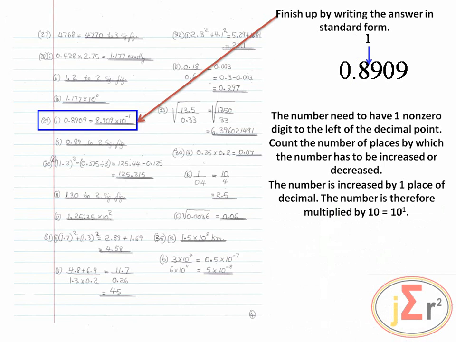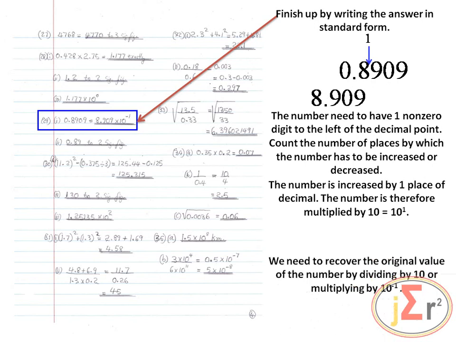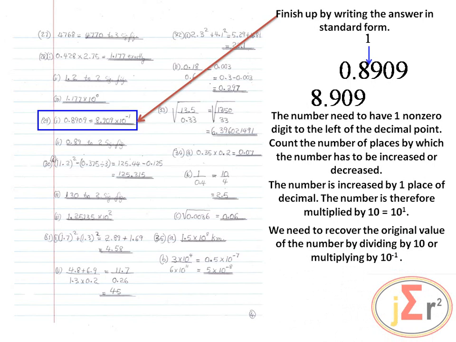The number is increased by 1 place of decimal. The number is therefore multiplied by 10, or 10 to the power of 1. We need to recover the original value of the number by dividing by 10 or multiplying by 10 to the power of negative 1.